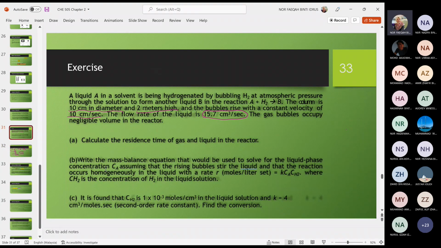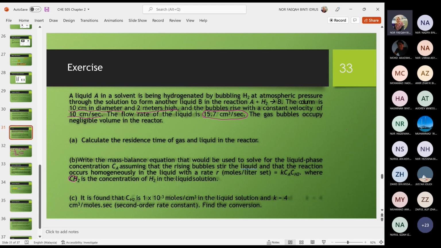Okay, next, write the mass balance equation that would be used to solve the liquid phase concentration, CA, assuming that the rising bubbles stir the liquid and the reaction occurs homogeneously in the liquid with a rate of kCACH2, where CH2 is the concentration of H2 in the liquid solution.